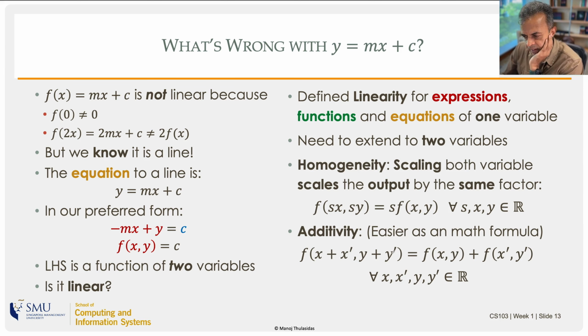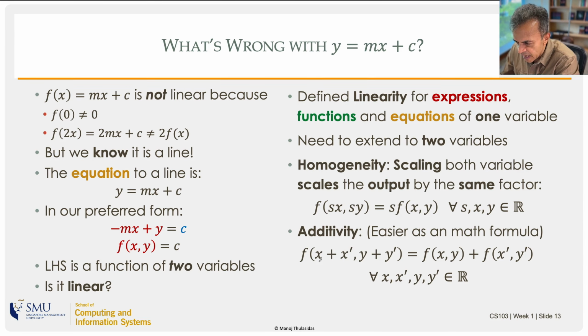Similarly, I'm going to say that the additivity condition is satisfied if you split up one input in two parts and the other input in two parts also, and then the output splits up in such a way that it's the sum of the outputs for the first parts plus the outputs of the second parts. This is actually very difficult to say in English. So let me just read this out to you slowly so that you can understand this.